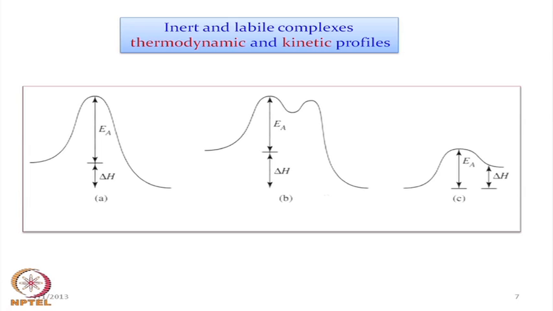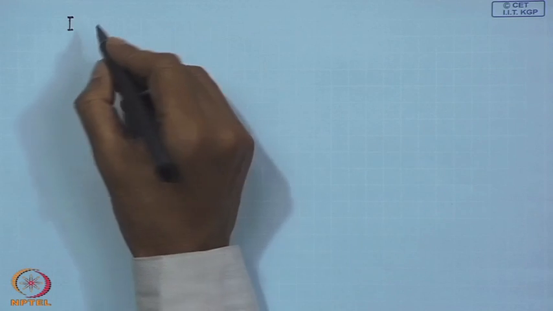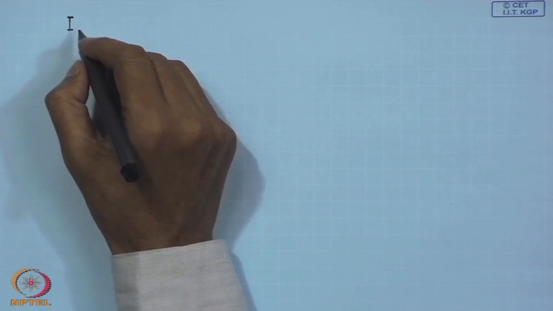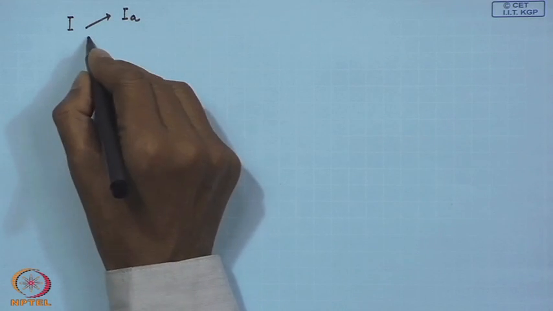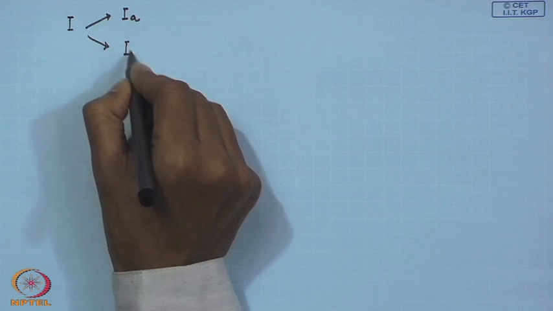So, due to these two, that means D and A, we can also have this intimate reaction where the interchange is taking place, where we have IA as well as ID.